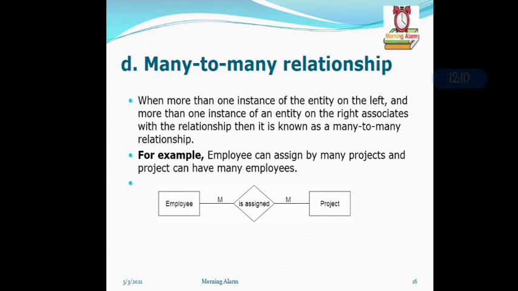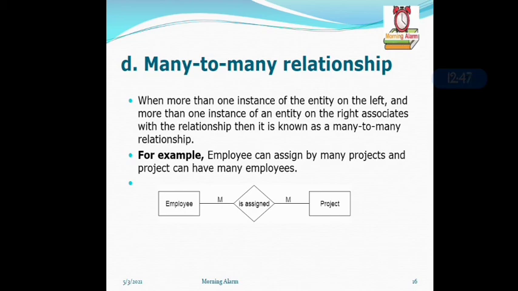The last one is many-to-many relationship. When more than one instance of the entity on the left and more than one instance of the entity on the right associates with the relationship, then it is known as many-to-many relationship. In the example we can see an employee can be assigned to many projects and a project can have many employees. In the diagram, employee and project are two entities which are related by the relation assigned.